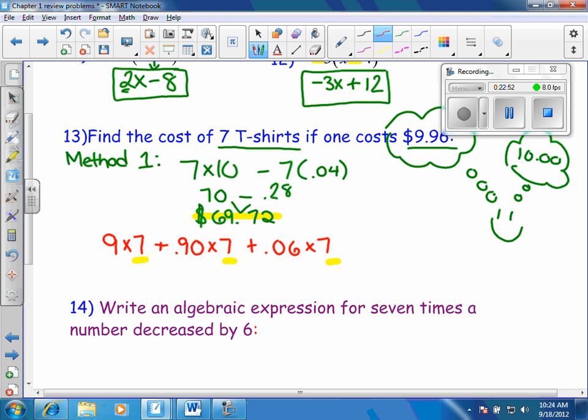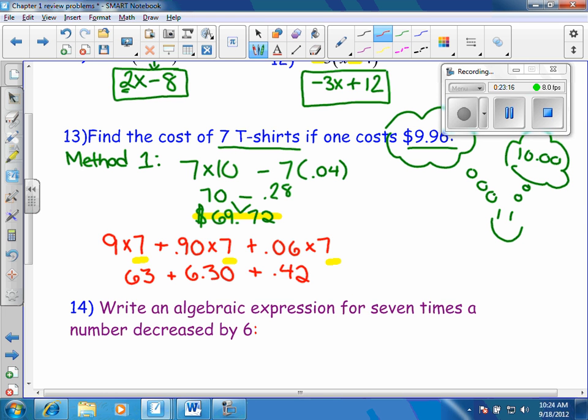So this would be $63. This would be, what's 9 times 7? $6.30. And this would be how much money? 6 pennies 7 times. 42 cents.